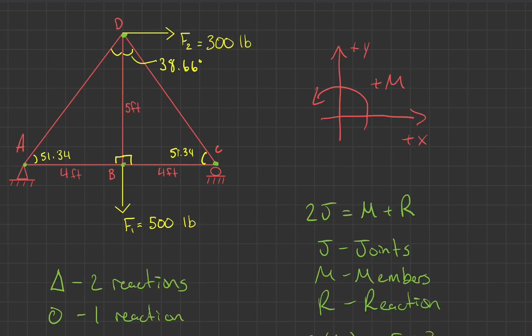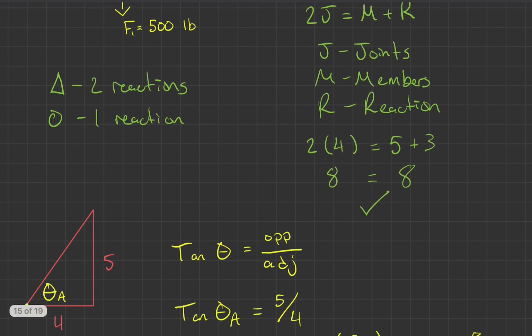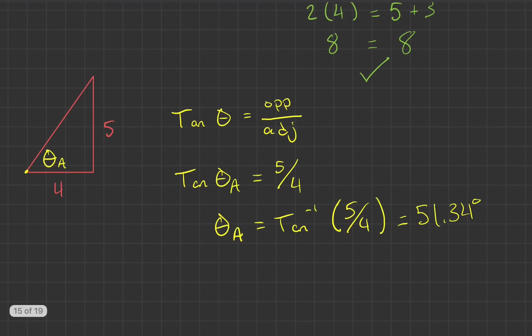Okay, so now we've redrawn our truss system, we've established a coordinate system, we've determined that this is in fact statically determinate, and we've solved for any missing angles and side lengths that we've needed. Okay, so that's kind of the first step in setting up your problems.